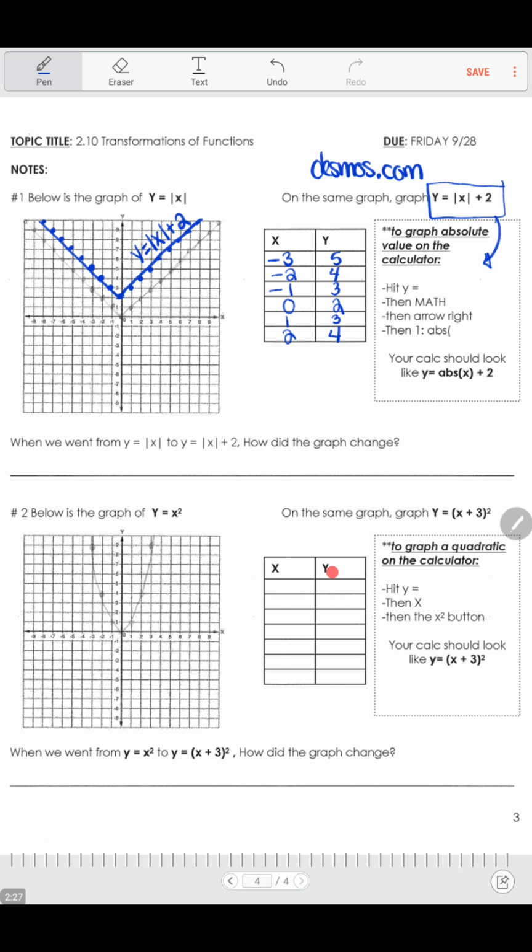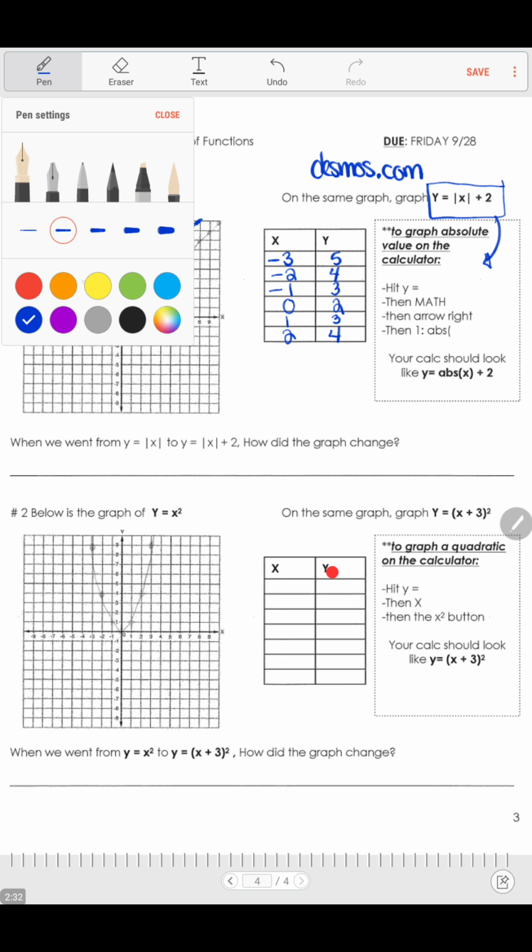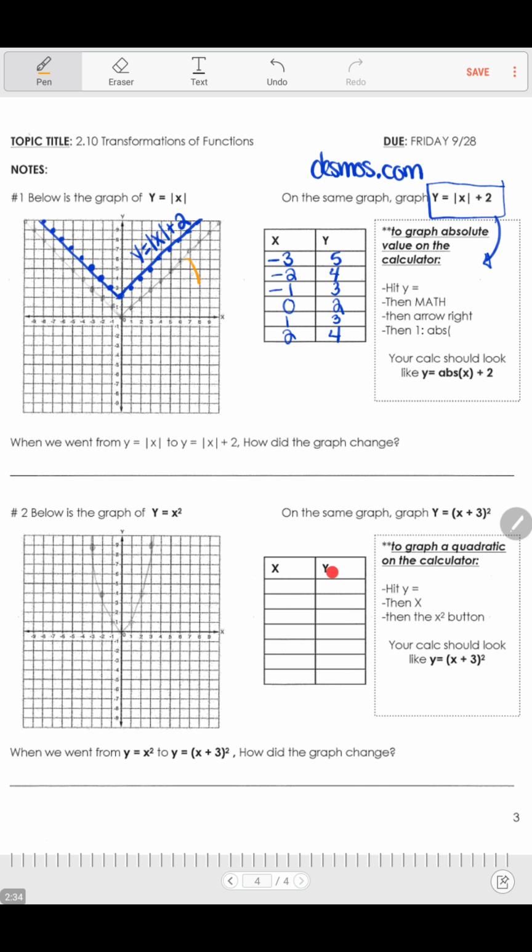Now the question at the bottom, when we went from y equals x, that was this original, I'm going to change my color, that was this one. So when we went from the original graph to the new graph that we just did in blue, how did the graph change? Okay, so how does that graph change? Go ahead and answer that.